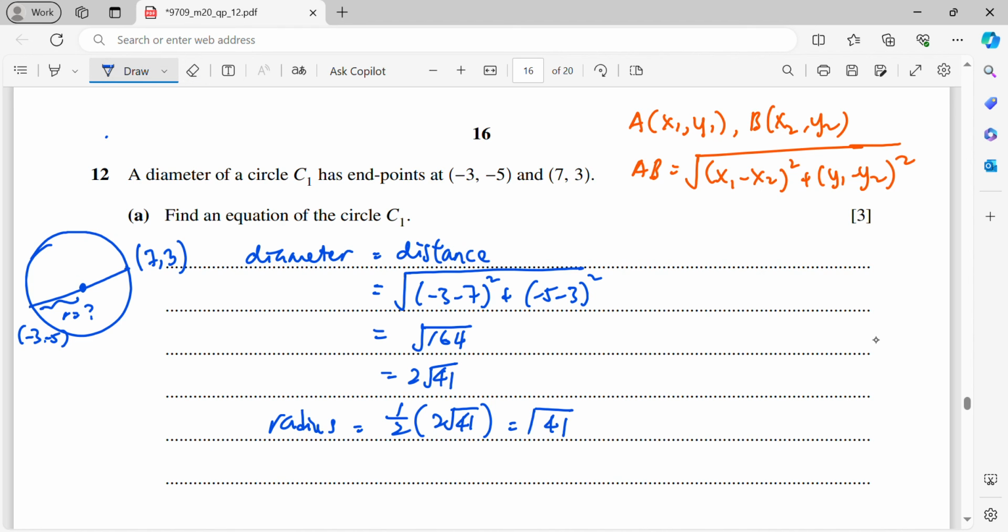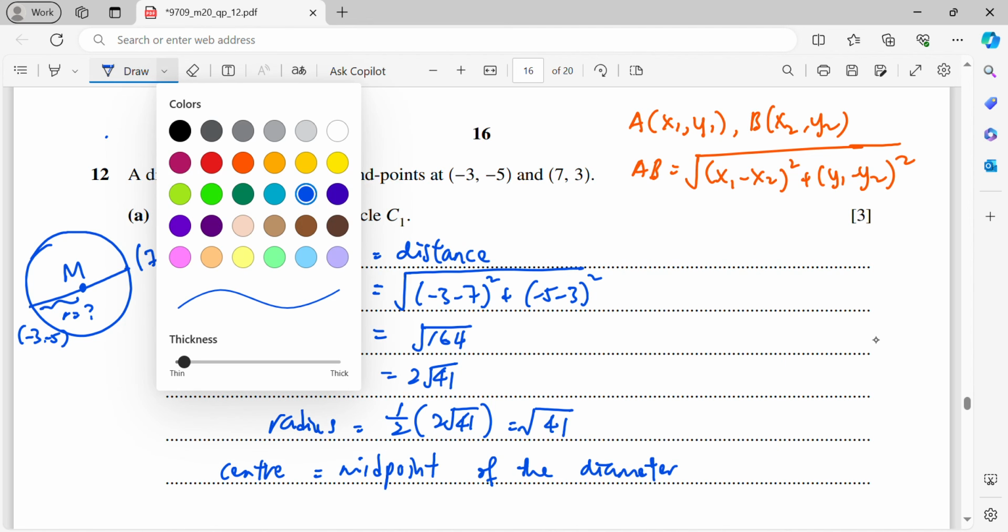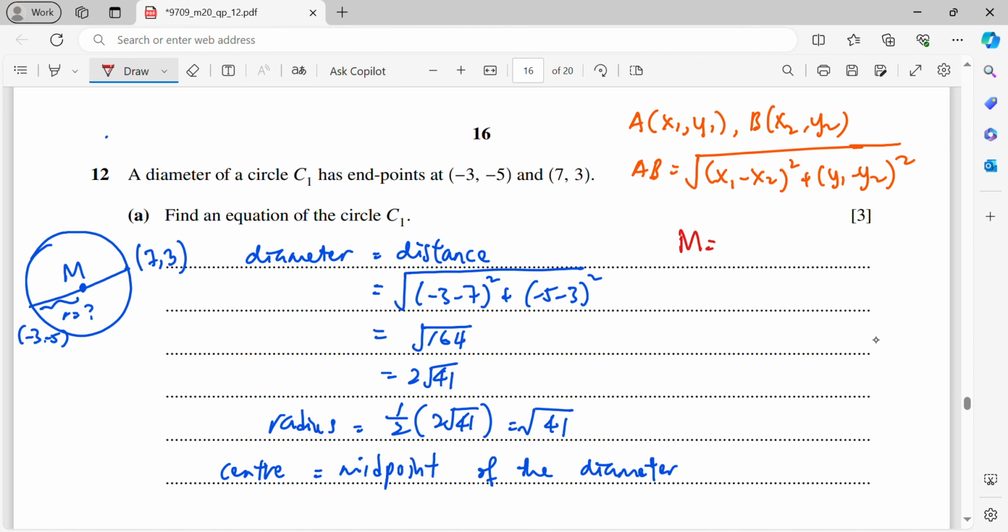And now, from the circle, we need to find out what is the midpoint. Okay, let this be midpoint. Not to say midpoint, the center. The center is basically the midpoint of the diameter. So now the midpoint formula is m equals to average of x and average of y.